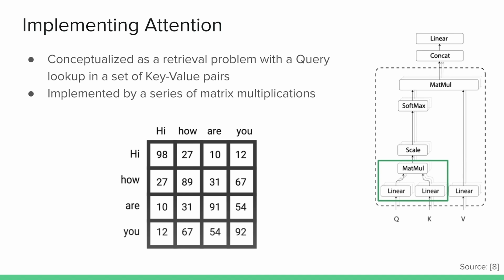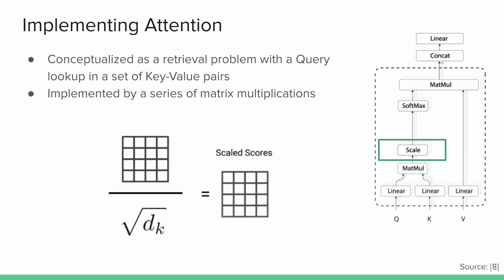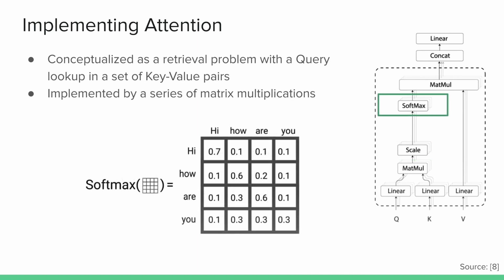And unfortunately, that multiplication can explode quite easily. That's why we're typically normalizing it to kind of stabilize our gradients. So we're dividing this by a number to get scaled scores. And ultimately, those scaled scores we feed through a softmax function that computes normalized values that resemble a probability distribution and give us high numbers for things that are related to each other, and low numbers, ideally 0, if they're completely unrelated to each other.